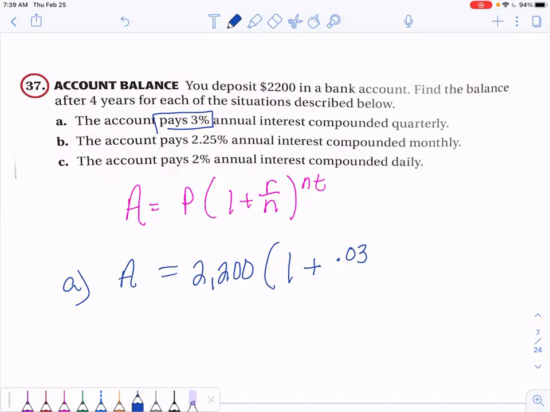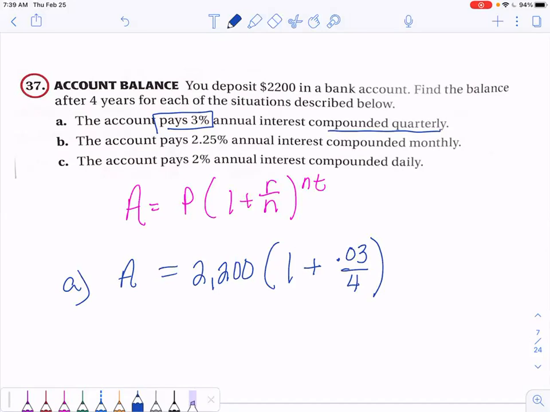And then it says compounded quarterly. That's our N value. How many times a year would be quarterly? How many quarters are there in a year? Cody? 4. So the N is 4. So the number of compoundings, that means each time they compound your money, that's when you earn interest.